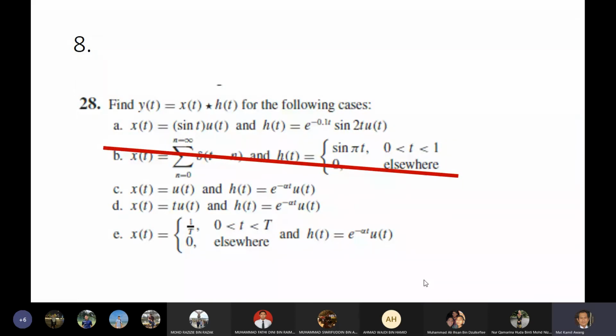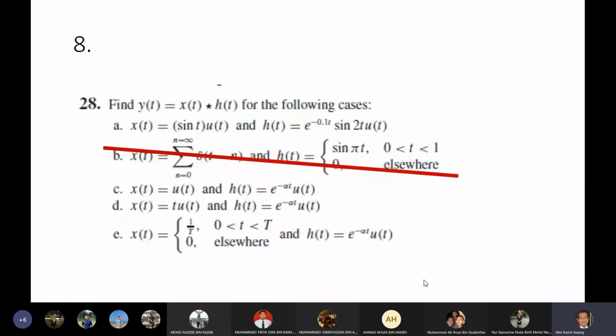Right? So basically you have A, C, D, and E. So for the part A, you find y of t equal to x of t convolved with h of t for the following cases. X of t equal to sine t u(t) and h of t is equal to e to the minus 0.1 t sine 2t u(t).